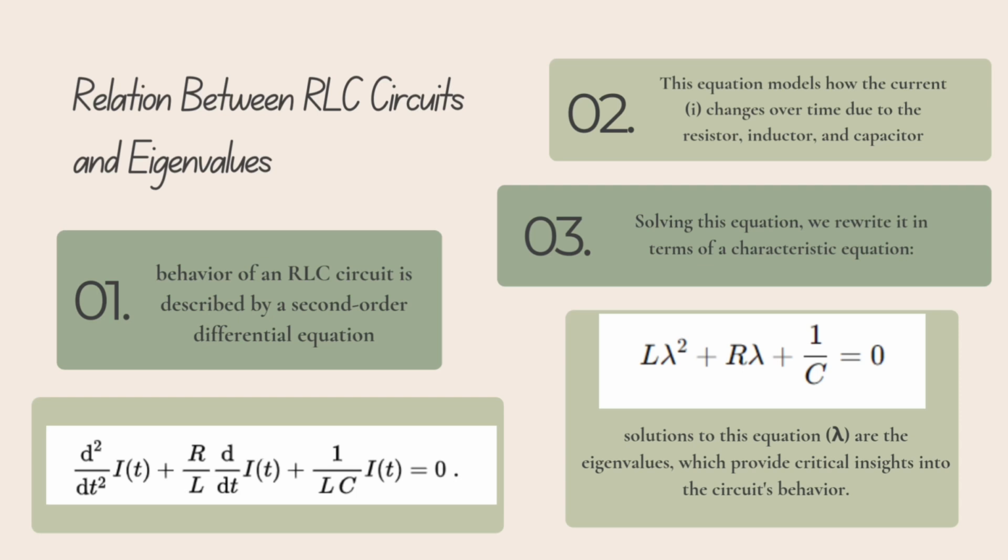For solving the equation, we can rewrite it in terms of a characteristic equation. Here is the example of characteristic equation: L lambda squared plus R lambda plus 1 over C equal to 0. The lambda in the equation are the eigenvalues, which provide critical insight into the circuit's behavior.